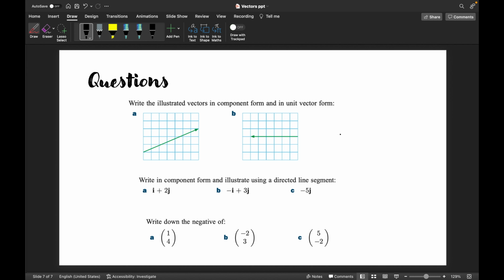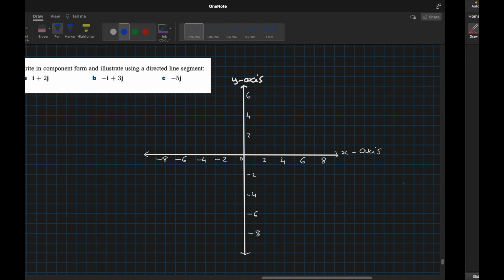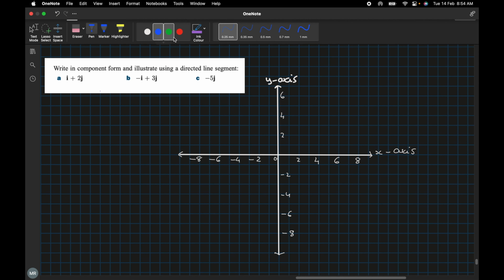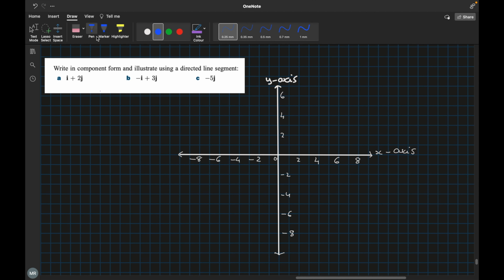We have to write in component form and illustrate using a directed segment. So the first one, let's use purple. We have to write in the component form. So it's going to be (1, 2). And this is going to be simple. This is i, j, and j.